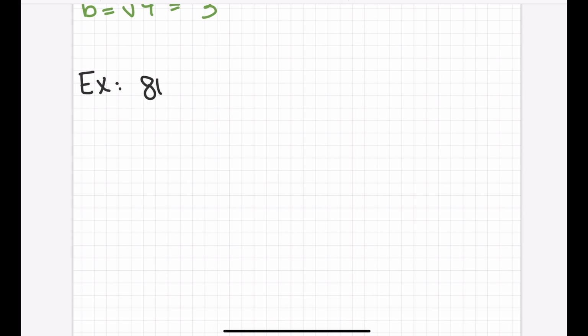81x squared minus 36x plus 4. First you need to check for a perfect square trinomial. So how can I check? I know 81x squared, I'm just gonna take a square root of that.